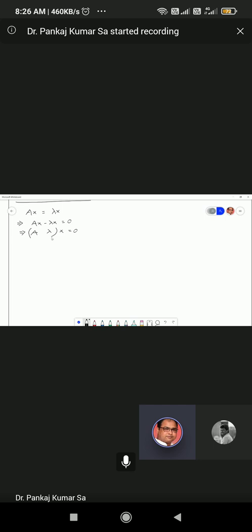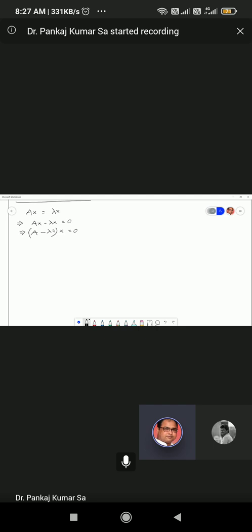Now, did I write it correctly? No. The reason is A minus lambda. A is a matrix, lambda is a scalar quantity, a single value. So, dimensionally, these two are not compatible.